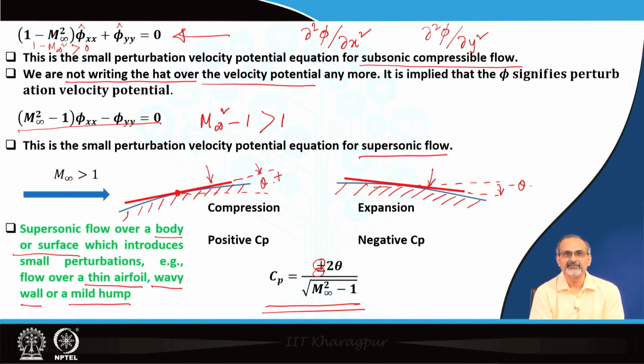You will have a positive Cp or a negative Cp. And remember that the Mach number in the free stream does play a role in the Cp distribution, because it figures as a term under root M infinity square minus 1 in the denominator. So, this is how the small perturbation form of the equations are tackled in supersonic flow.